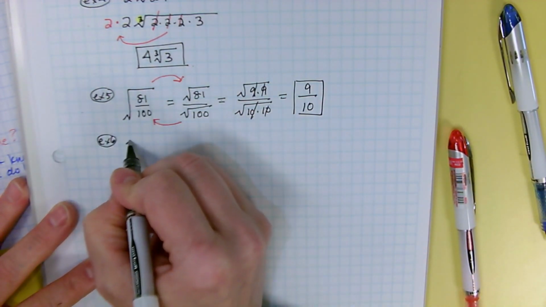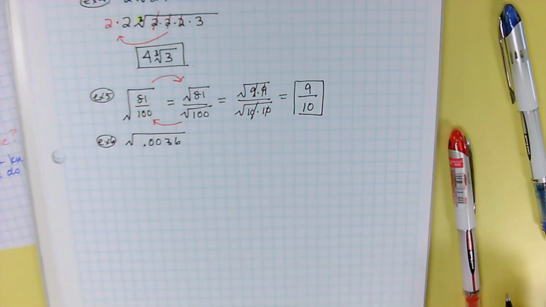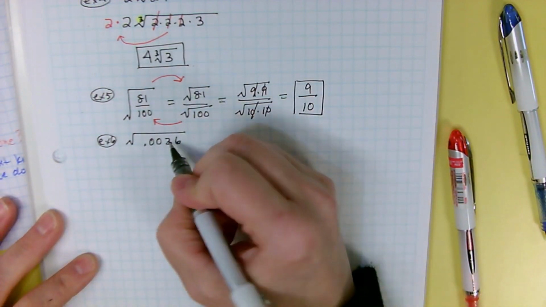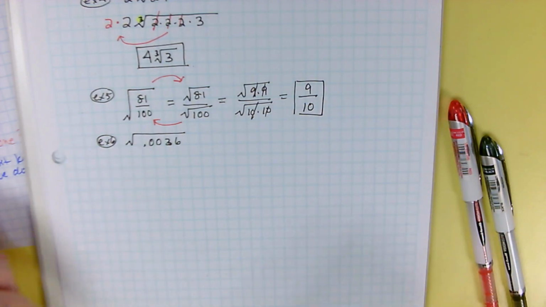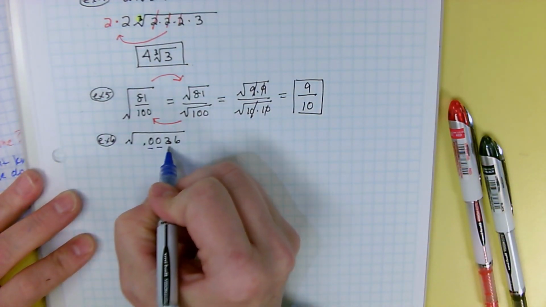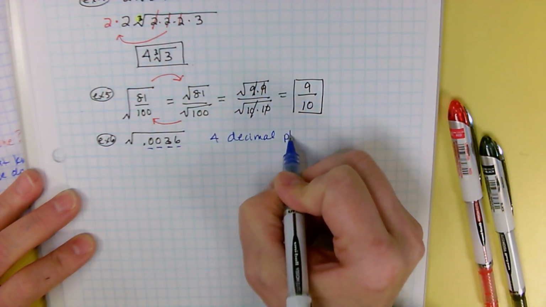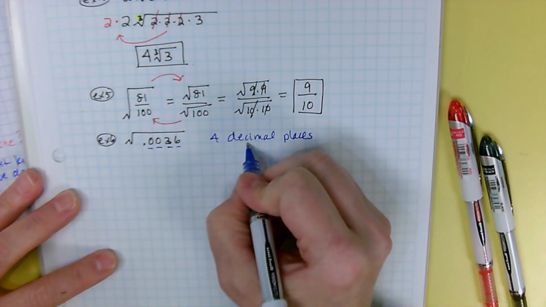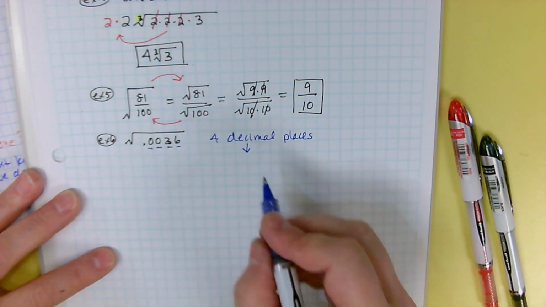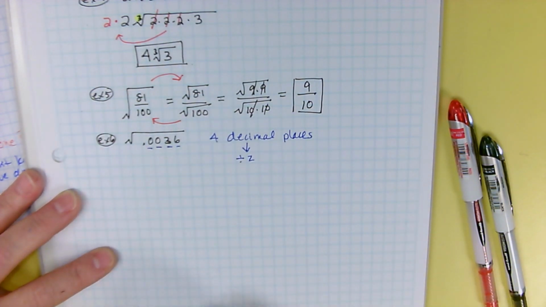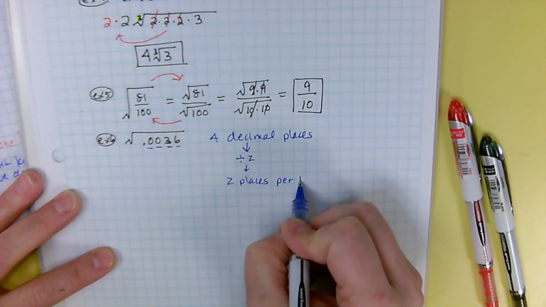All right, what about decimals? Let's say we've got 0.0036. There's a couple ways to do this without a calculator. The first way, this is the way I do it, is I count the number of decimal places. 1, 2, 3, 4. So there are 4 decimal places. And then I know that if I want 2 factors that match, they have to match perfectly. So I divide that by 2, and I get 2 decimal places per number.